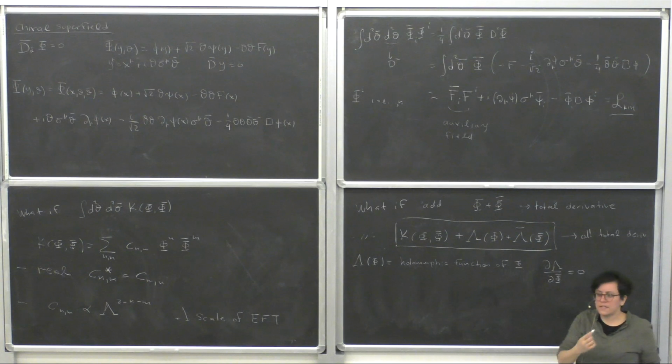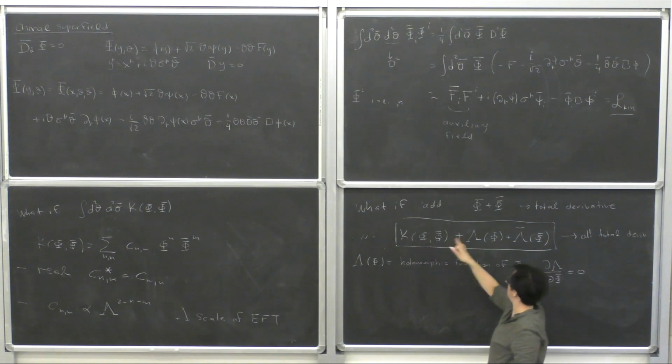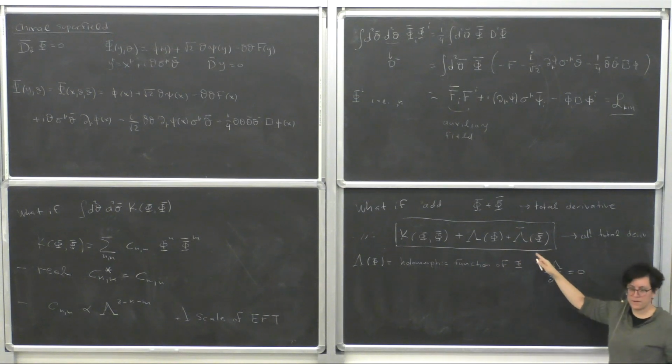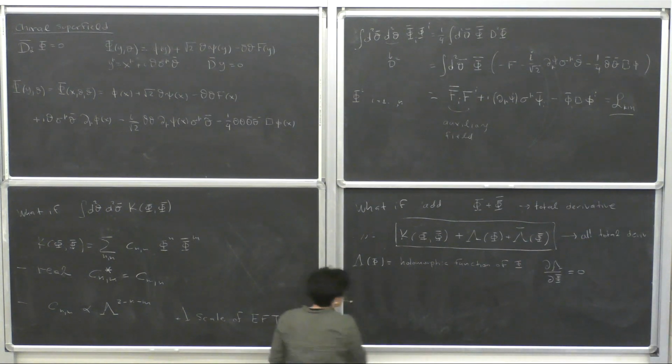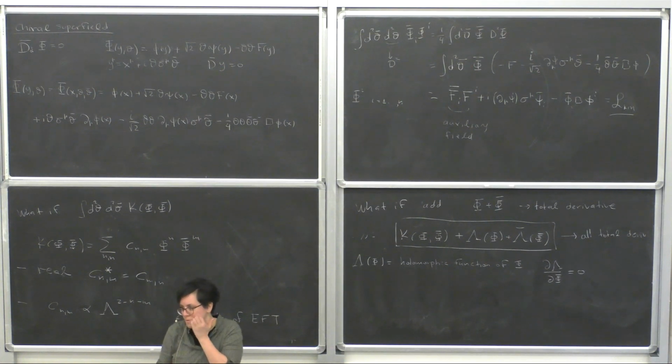And in fact, you can say that this is the symmetry of the theory. So K going to K plus lambda plus lambda bar is the symmetry of the theory. And this is basically what, when we learn complex geometry, these are Kähler transformations.